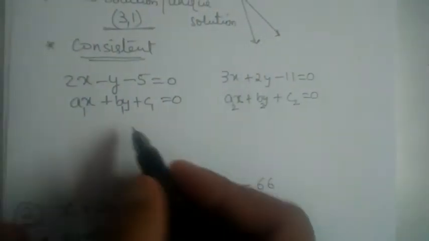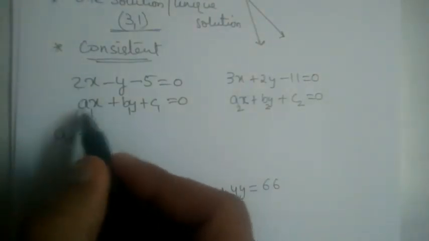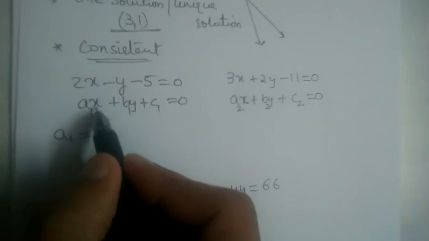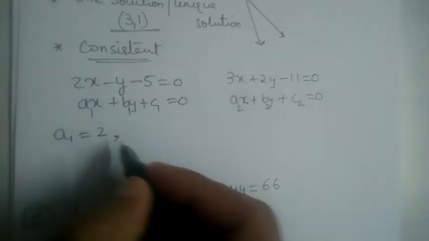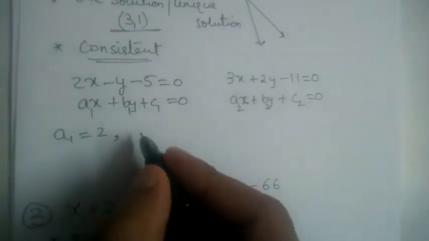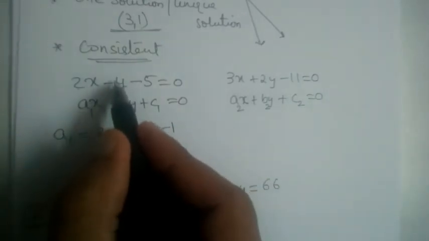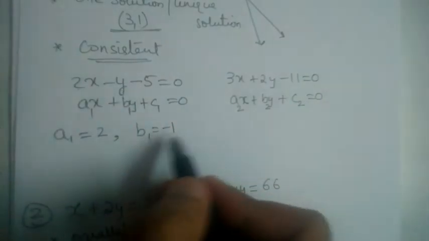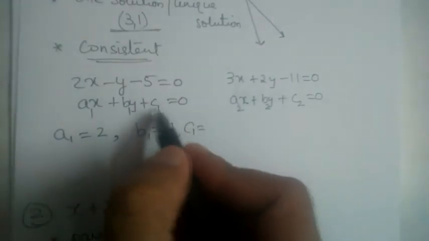All right. So what is the value of a1 now? Coefficient of x is a1, right? So coefficient of x is equal to how much? 2 here. So a1 is equal to 2. Coefficient of b1, it is minus 1. If we don't have anything, it is 1 there, right? Minus 1. And what is the constant c1?